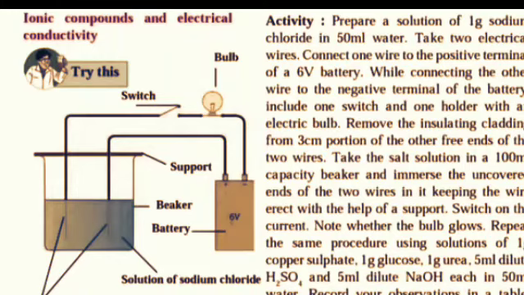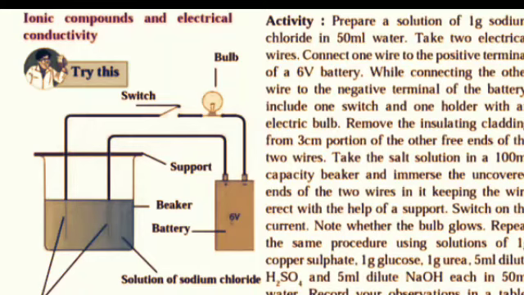From 3 cm portion of the other free end of the 2 wires. Take the salt solution in a 100 ml capacity beaker and immerse the uncovered end of the bulb circuit. The bulb will glow only when electric current passes through it, and this can happen only when the electric circuit is complete.